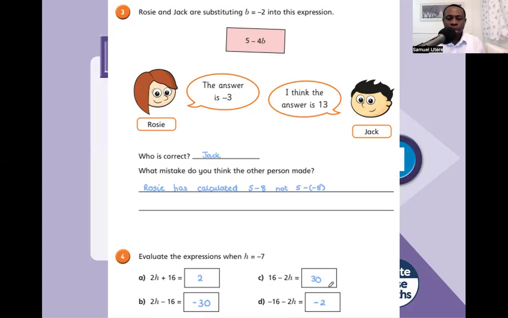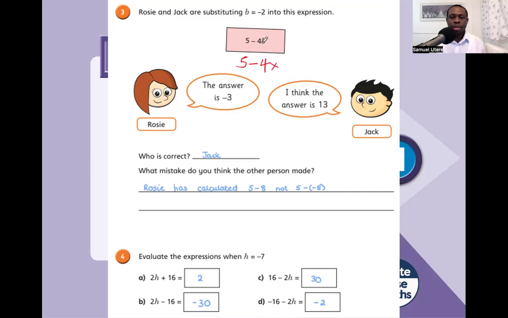So Rosie has calculated 5 minus 4 as 1, not 5 minus -8. And here is why. If we do our substitution, we should have something like this: 5 minus 4B, but B is -2. So remember, whatever is next to a number is actually multiplying it.